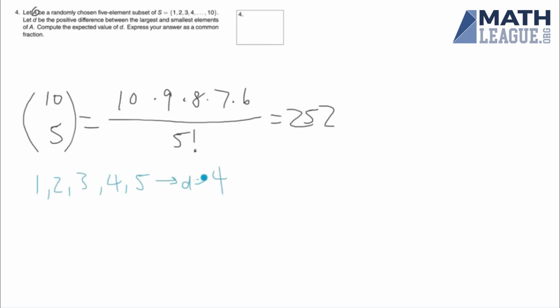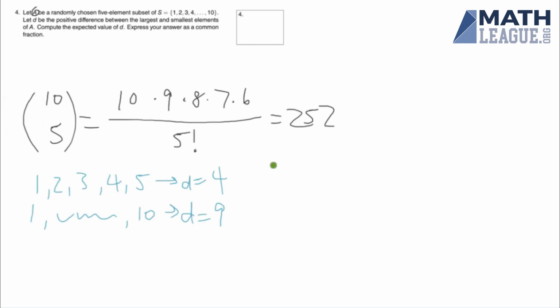That's the minimum value for D. The maximum value for D would be, say, if I have 1, and then some 3 numbers in the middle, and 10 at the end, and that gives me D equals 9.